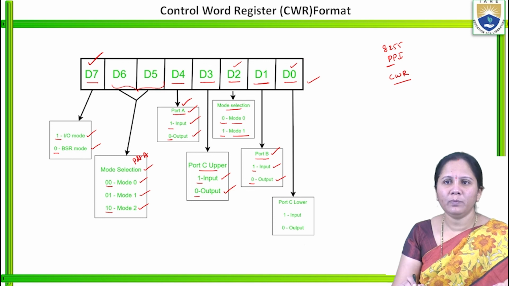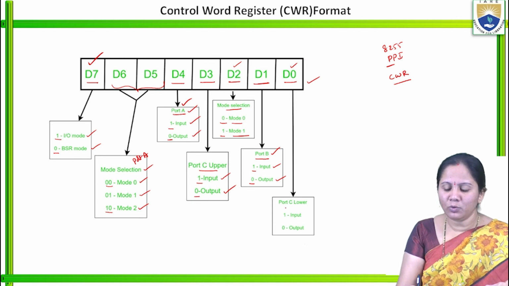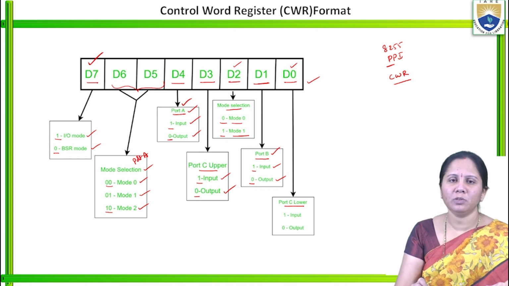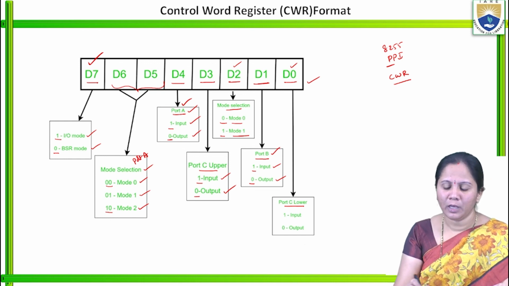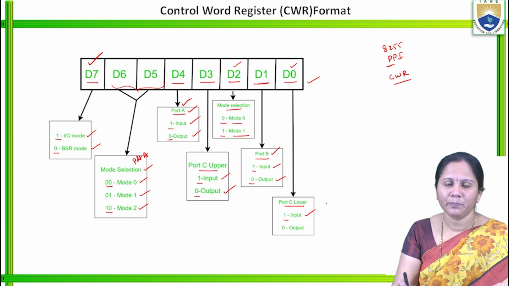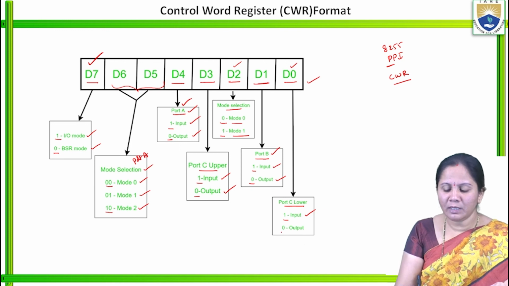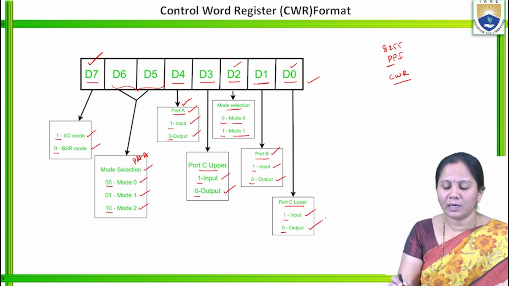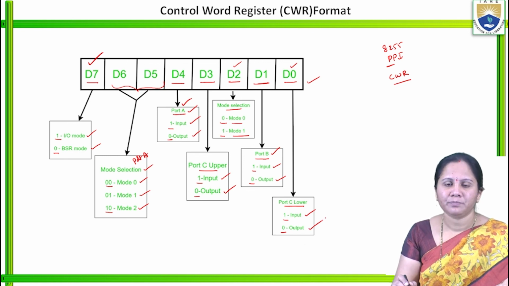This D0 bit will decide whether to use port C lower bits as input port or output port. If this D0 bit is 1, it will be used as input port. If D0 bit is 0, it will be used as the output port.